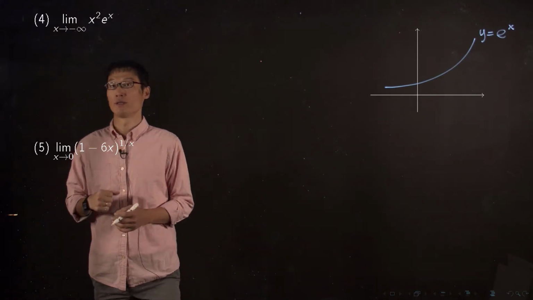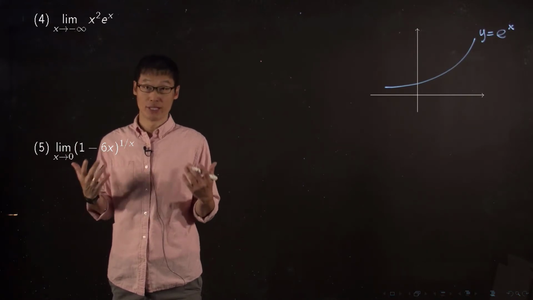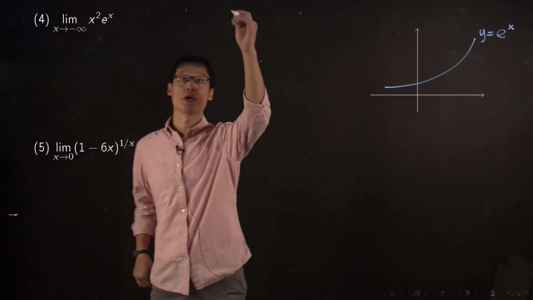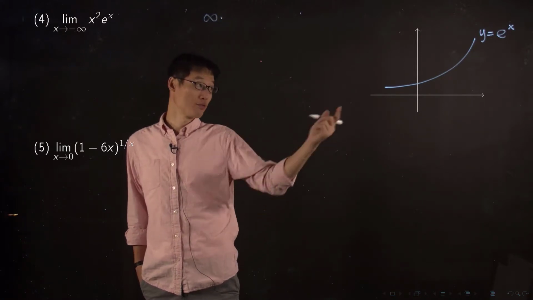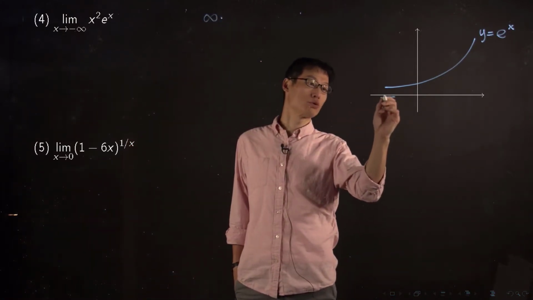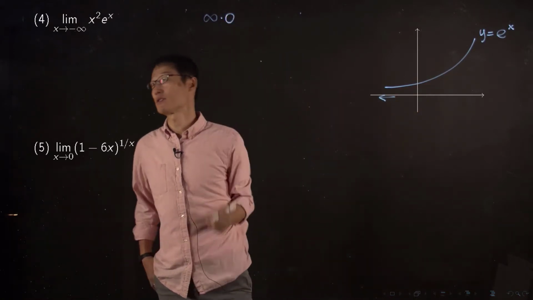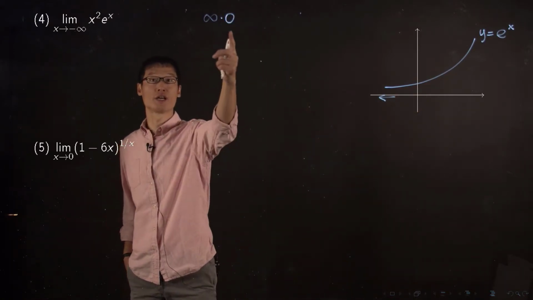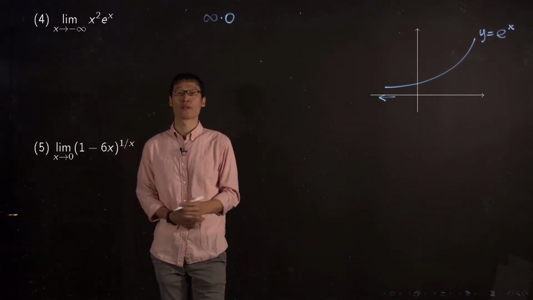When x approaches negative infinity, we have infinity times, well, from this graph, this function will give you 0. So basically we have the product infinity times 0, and it's quite difficult to find a limit directly.